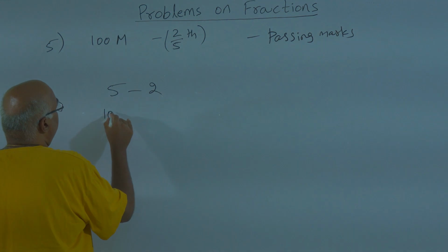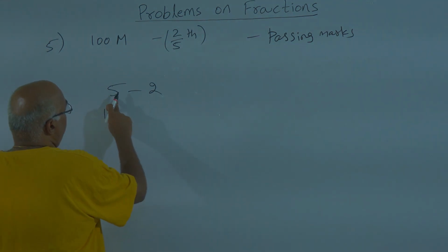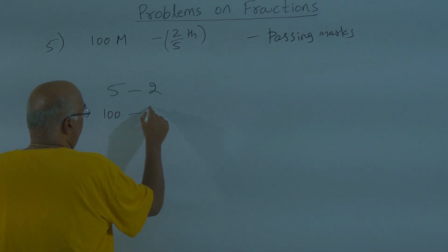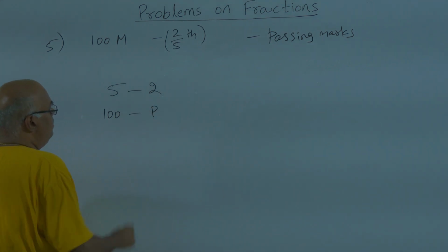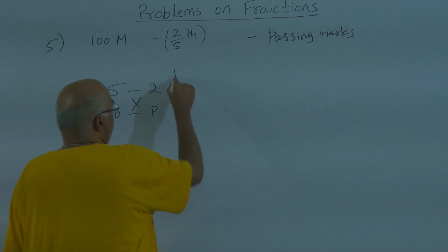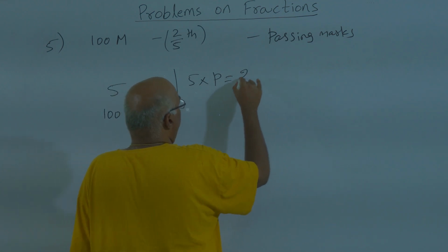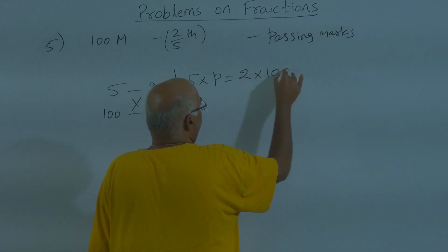Then what about 100 marks? When the total marks is 5, the pass mark is 2. When the total marks is 100, what will be the pass mark? I will call it P. Now cross multiply. So 5 into P is equal to 2 into 100.